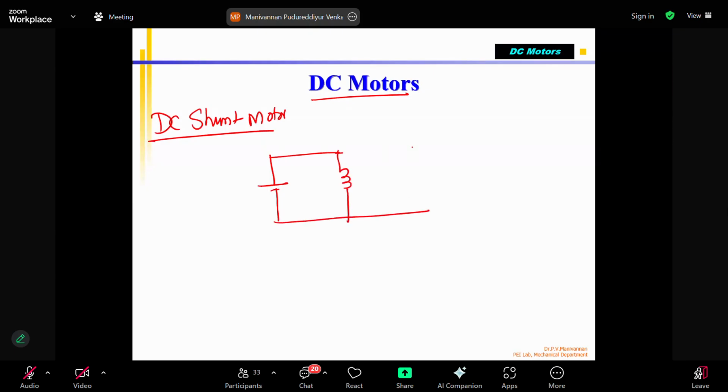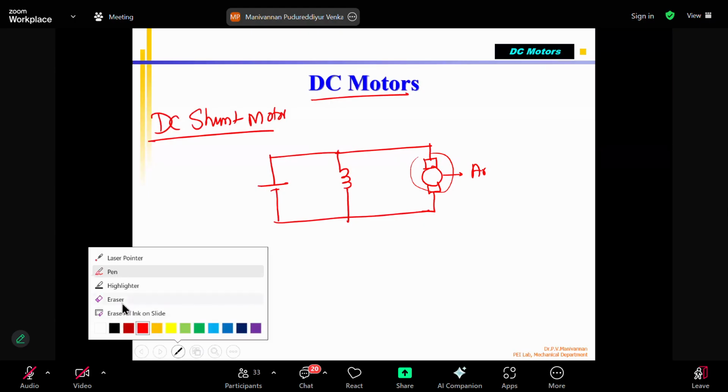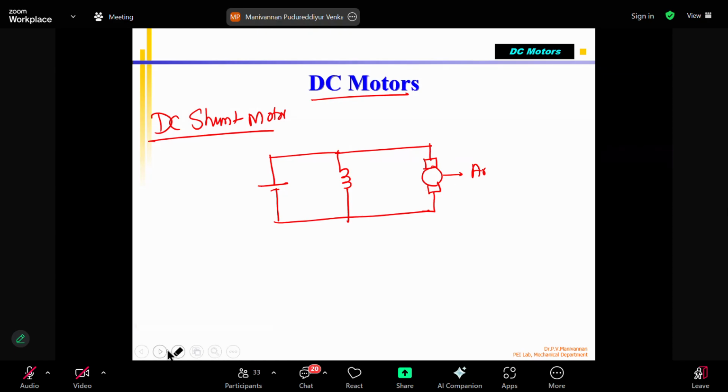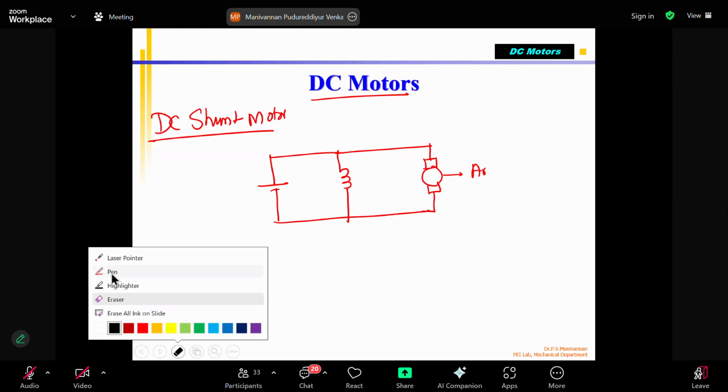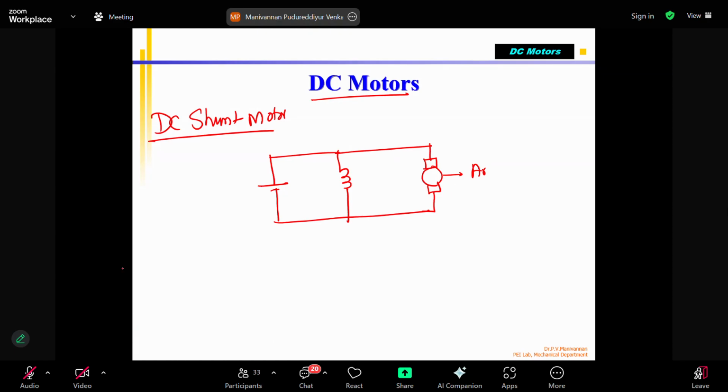Take it down. This whole thing is the armature, the symbol for the armature. In an electrical book, if you see this, you can say this is a motor, generally representing the armature.